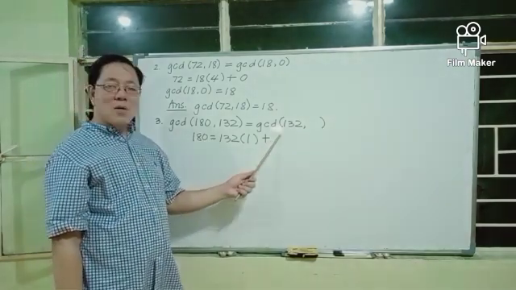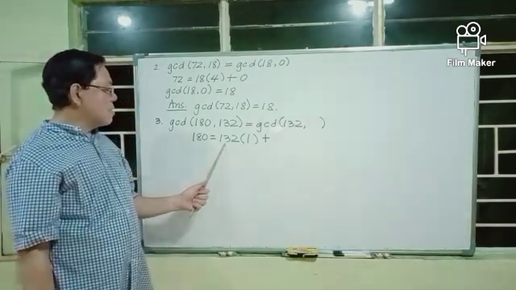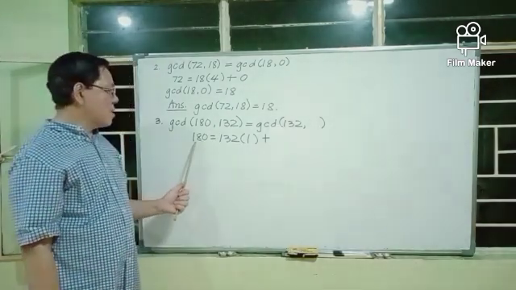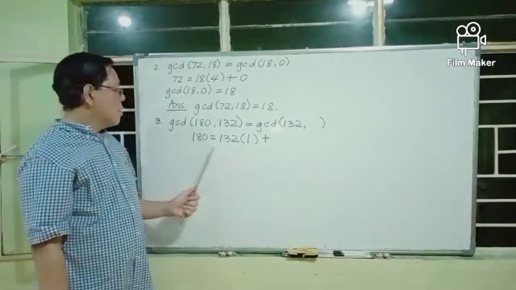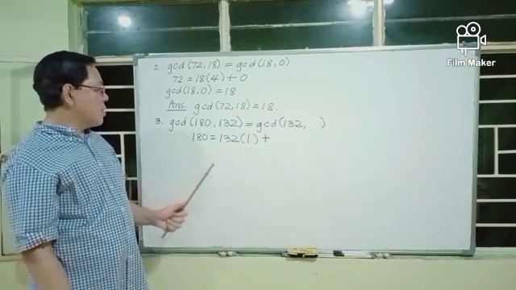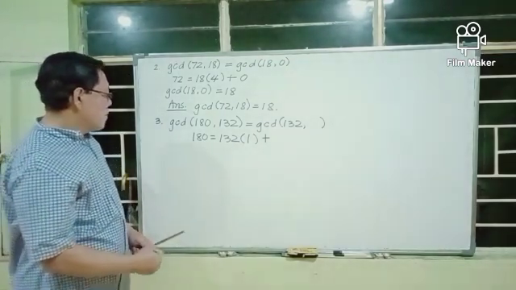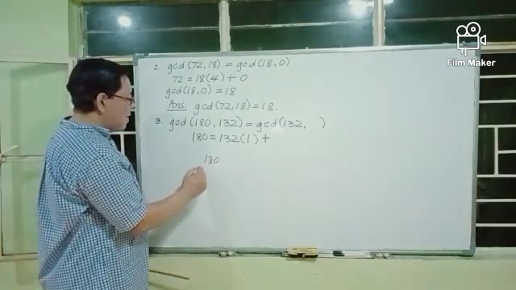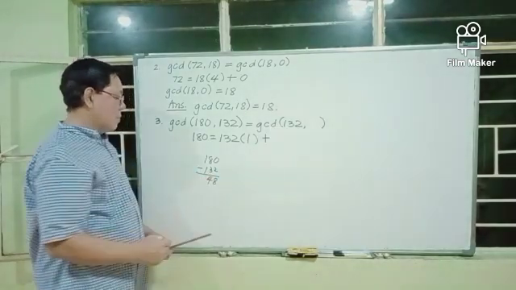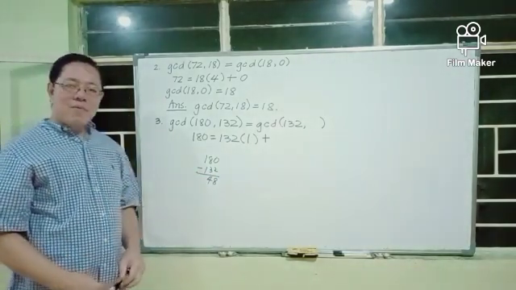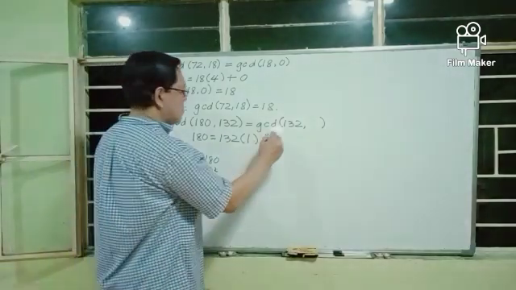And we should add a constant here, to be taken as R, the remainder, by subtracting 132 times 1 from 180, or 180 minus 132 times 1, or 180 minus 132, you get 48, plus 48.